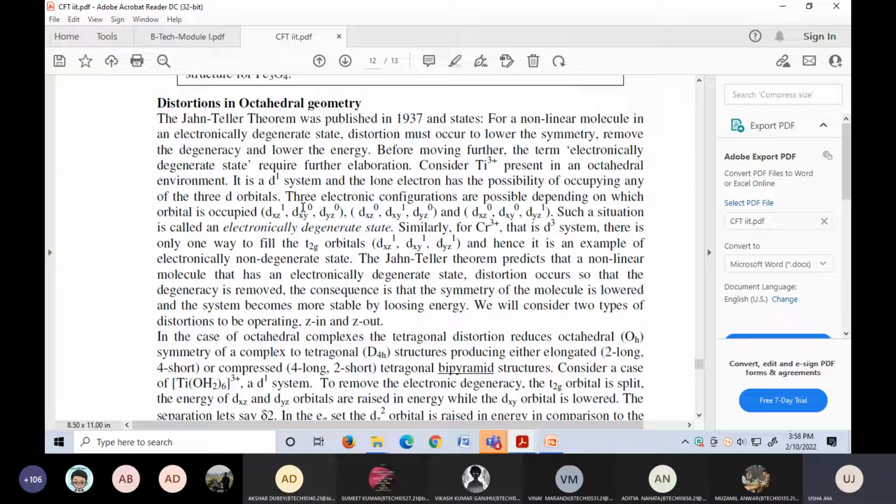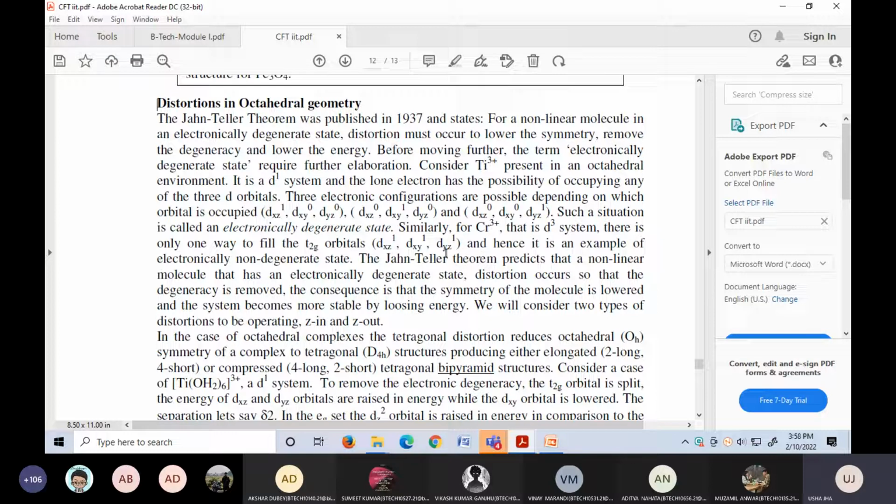Ideally, we say that t2g is electronically degenerate, but the degeneracy is lost here. What do we have? This becomes lower in energy and these two higher, so the system changes itself in such a way that it removes the degeneracy and lowers the energy. Whereas in a system like chromium in a +3 state, no such thing is going to happen.